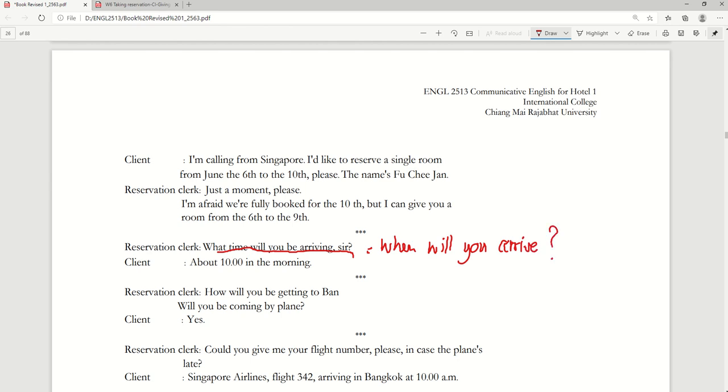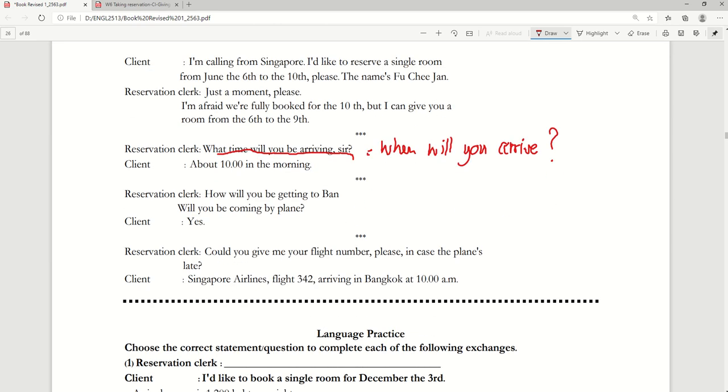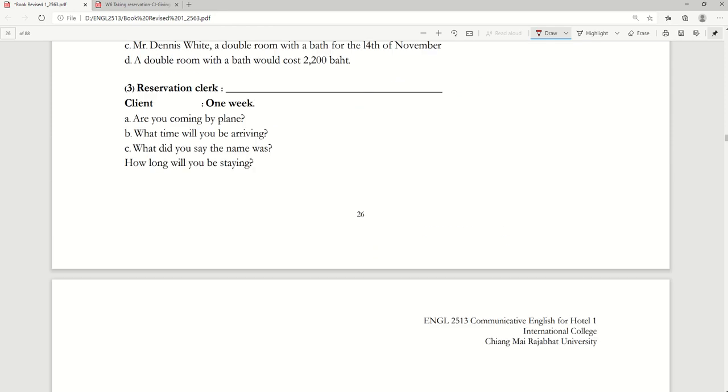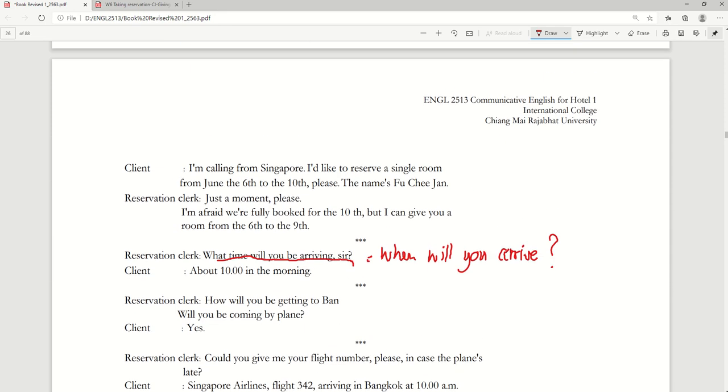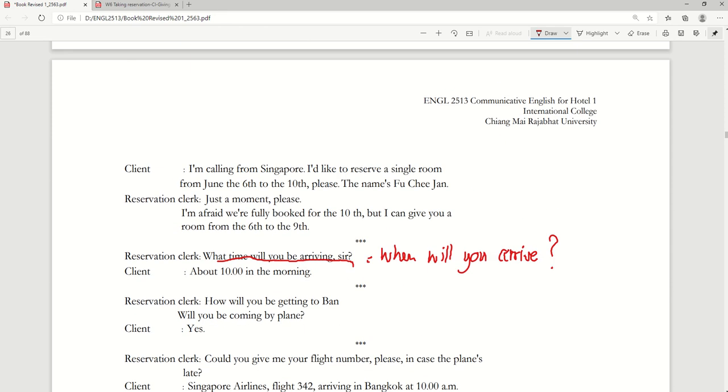Isn't it? When will you arrive? But to be more formal, the structure of future continuous is used here. So you can see the pattern is applied in many different situations.